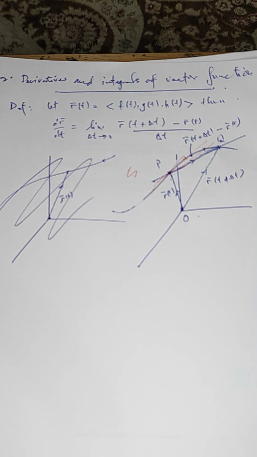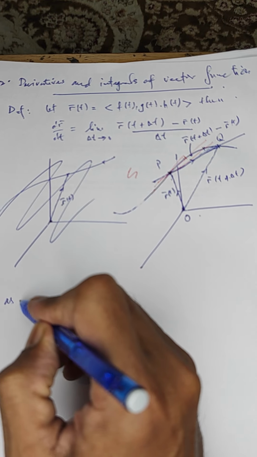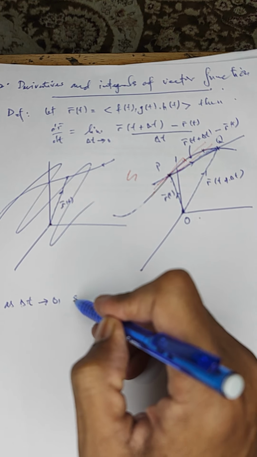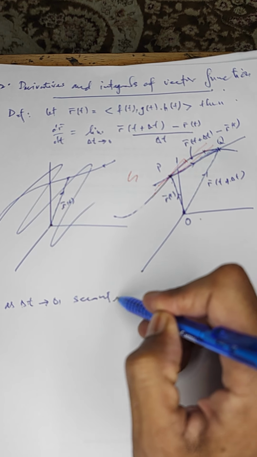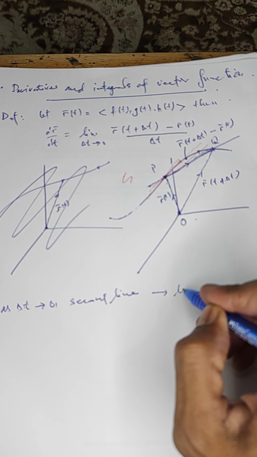So as delta t approaches 0, the secant line goes to the tangent line.